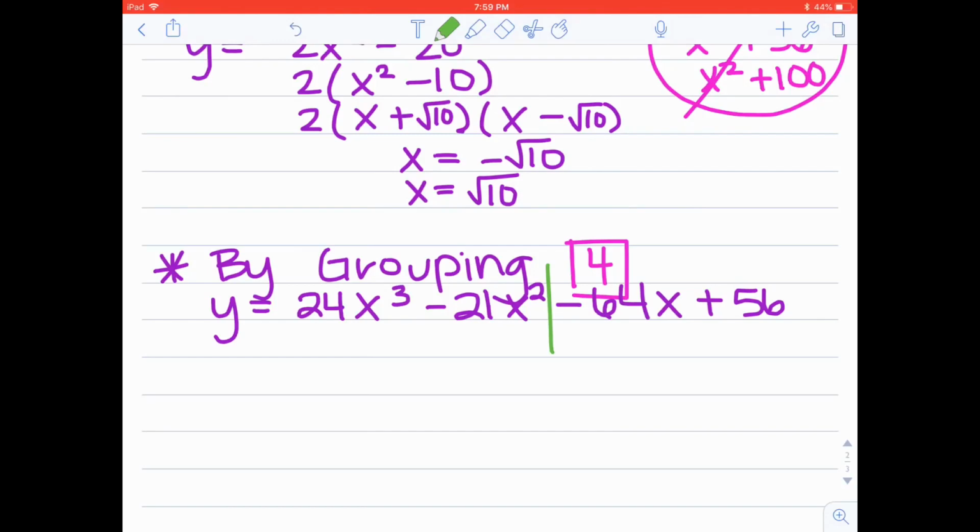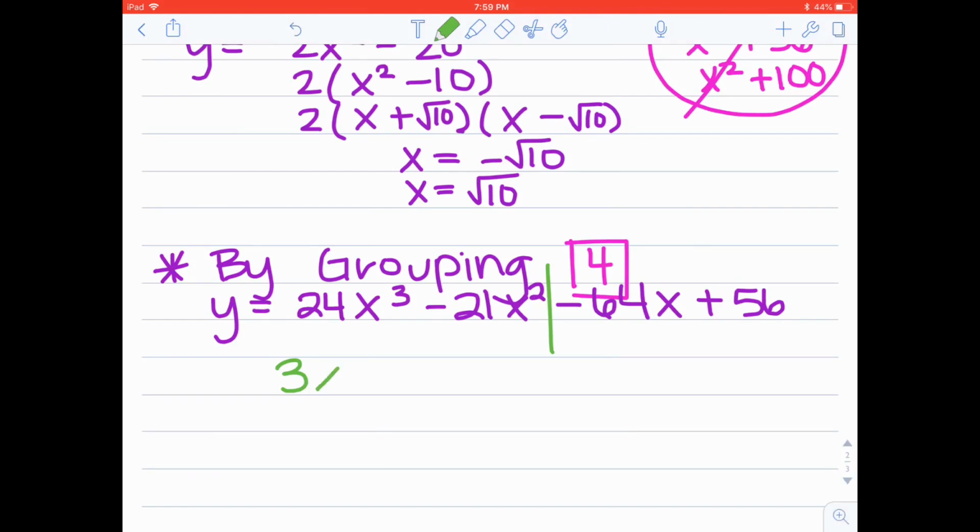So the first term, if you look between 24 and 21, has a GCF of 3. So we're going to take out a 3. Between the x to the third and the x squared, it has a GCF of x squared.